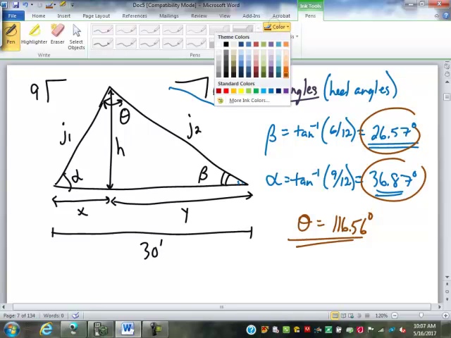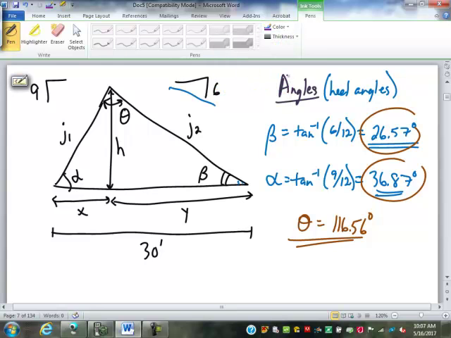And now, the part you've all been waiting for. X and Y. And J1 and J2. And H, for that matter. How would we find H? Any ideas?